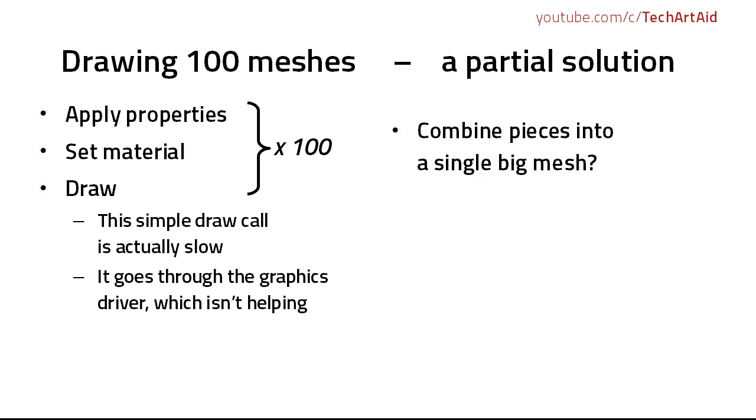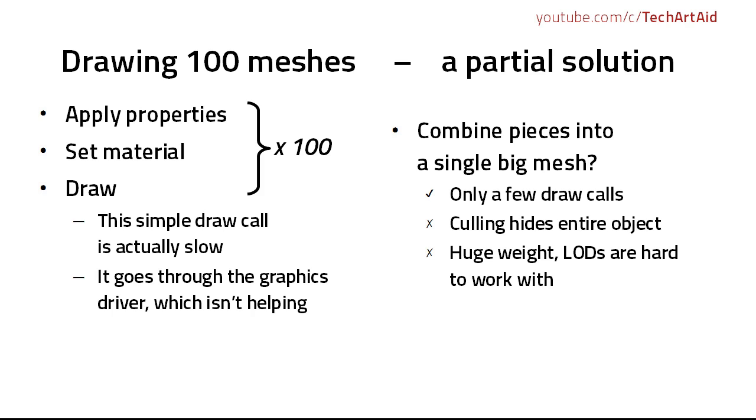A partial solution to this would be batching. So you combine pieces into a single big mesh. In fact, you really get only a few draw calls, but the culling hides the entire object when you move the camera around, or when it has to fade out with distance.